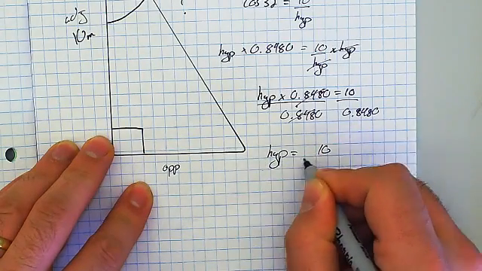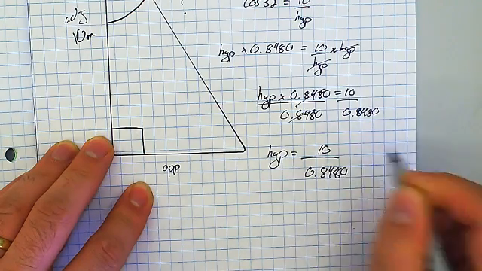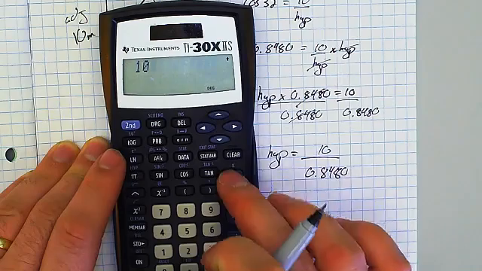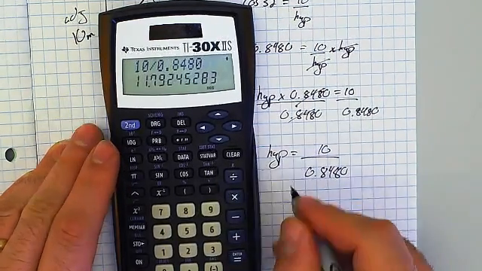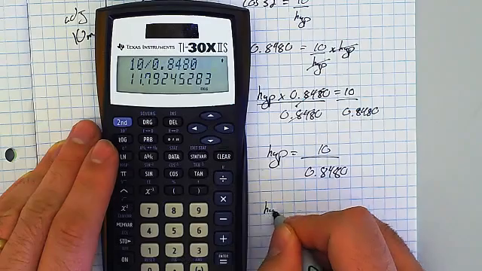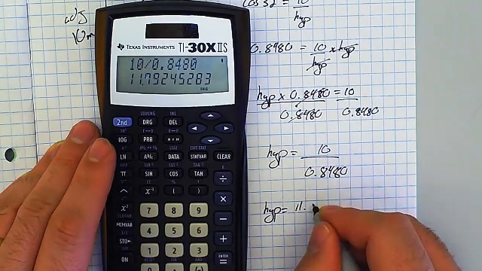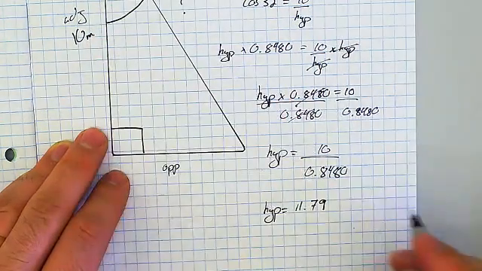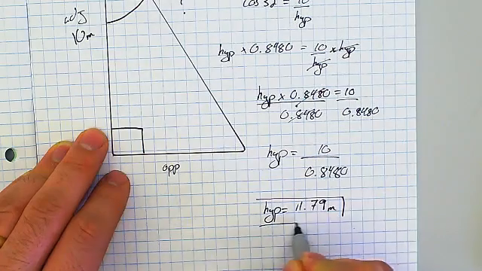So now, the hypotenuse equals 10 divided by 0.8480. Which means we have a hypotenuse length of 11.79, and we're dealing with meters.